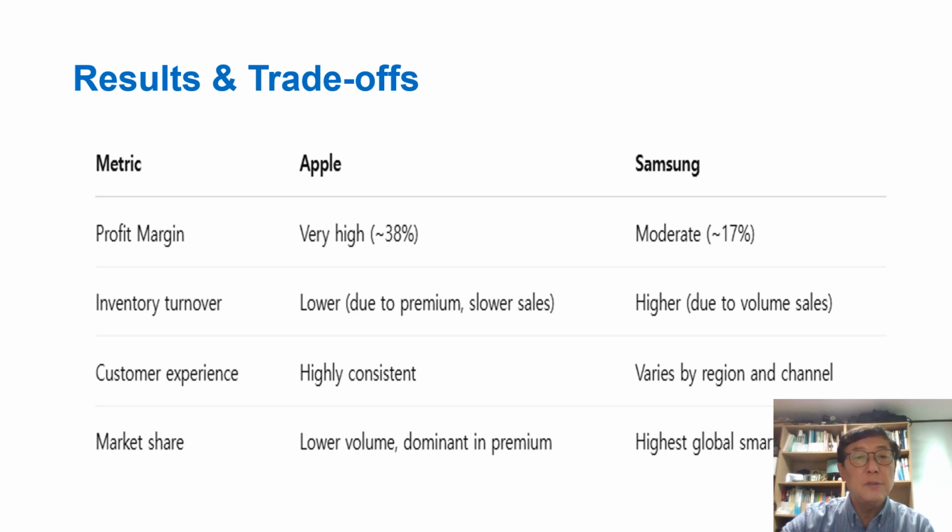Customer experience is highly consistent for Apple, and varies by region and channel for Samsung. Market share is low volume but dominant in premium for Apple, and higher global smartphone volume for Samsung. The total sales are bigger for Samsung, but Apple has more profit.